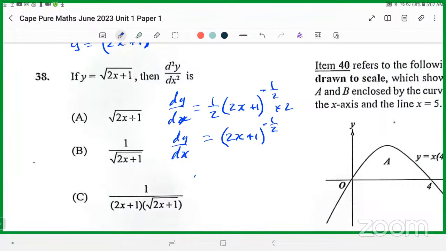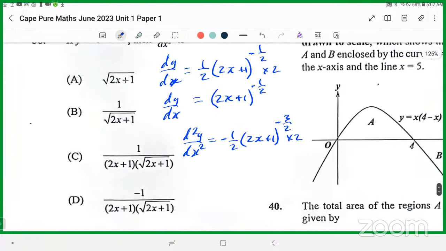Then to get the second derivative, d2y by dx squared, you differentiate this again. You're going to get minus half times (2x plus 1), subtracting 1 from the power, which gives minus 3 over 2, because minus half minus 1 is minus 3 over 2, times the differential of what's inside, which is another 2.